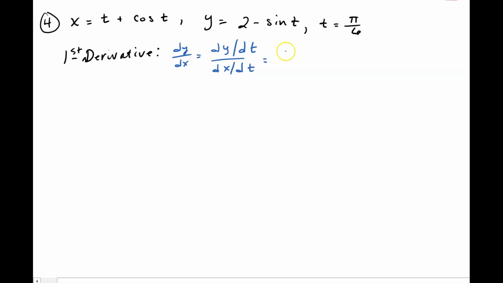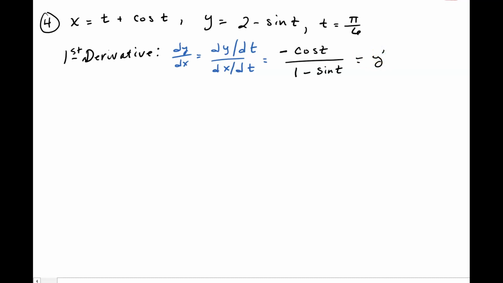So you have 2 minus sine t. The derivative there is going to be cosine of t. The derivative of 2 is 0. Because you have that negative sign in front, you have to say negative the cosine. So negative the cosine divided by the derivative of x, which is 1 minus the sine of t, because the derivative of cosine is negative the sine. And this represents your y prime.